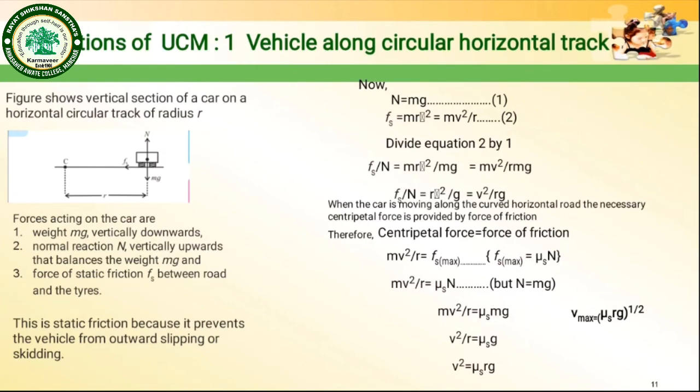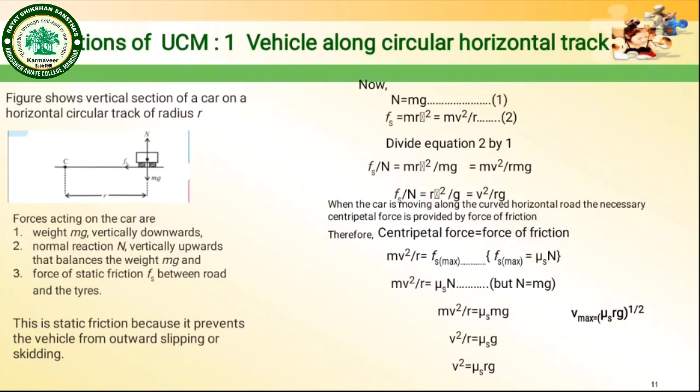When the car is moving along the curved horizontal road, the necessary centripetal force is provided by the force of friction. Therefore, we can say that centripetal force is equal to the force of friction. mv square upon r is equal to Fs.